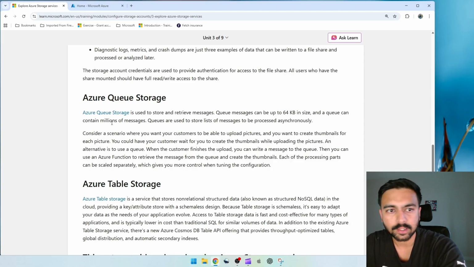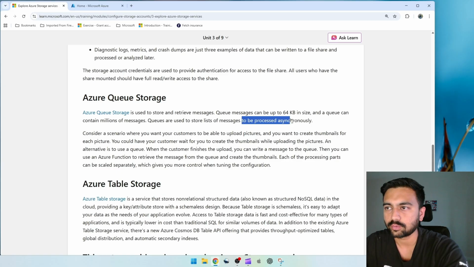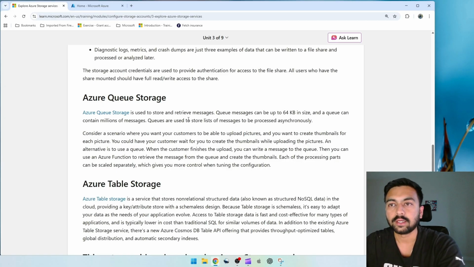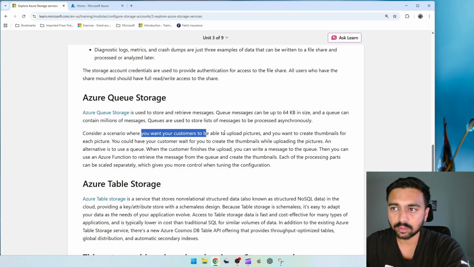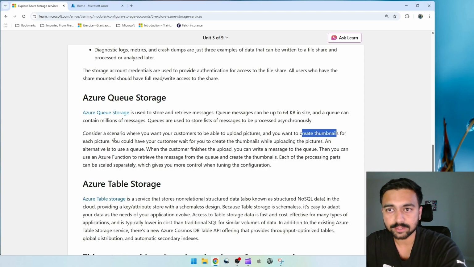A queue is a stored list of messages to process asynchronously. I only read through this, but we would understand this line more in detail when we consider a scenario with an example. You want your customers to be able to upload pictures, and you want to create thumbnails for each picture.